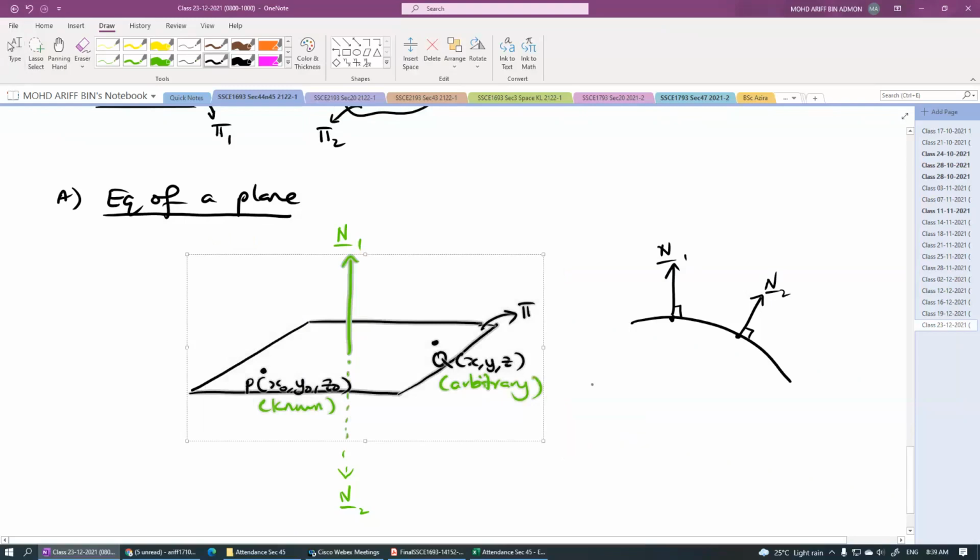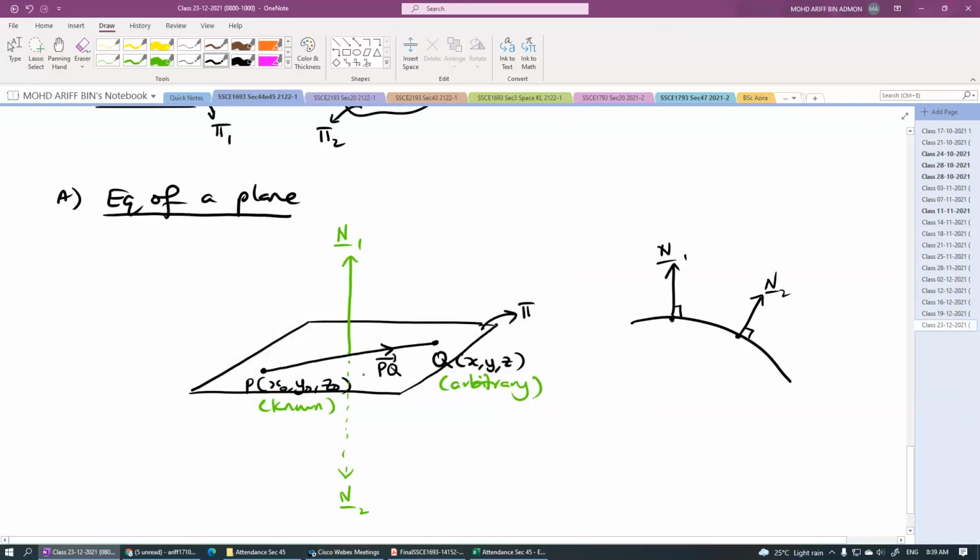Of course, basically we have two, but in different directions. So if we can get a vector between P and Q here.